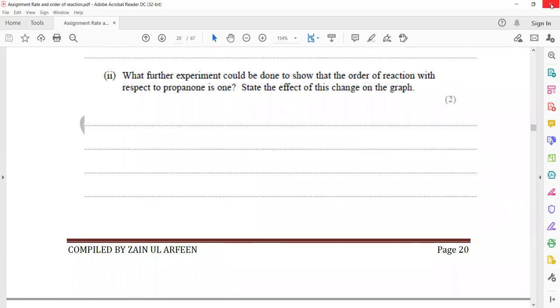What further experiment could be done to show that the order of the reaction with respect to propanol is 1, and state the effect of this change on the graph? How can we identify that it is first order with respect to propanol?